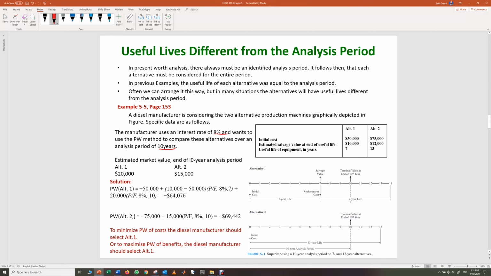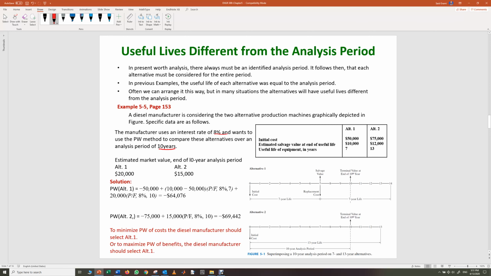So as you see here, the analysis period is 10 years, and the useful life for alternative 1 is 7, and for the second alternative is 13. So there is a difference between the analysis period and the useful life. In this case, we are going to see how to solve this problem.